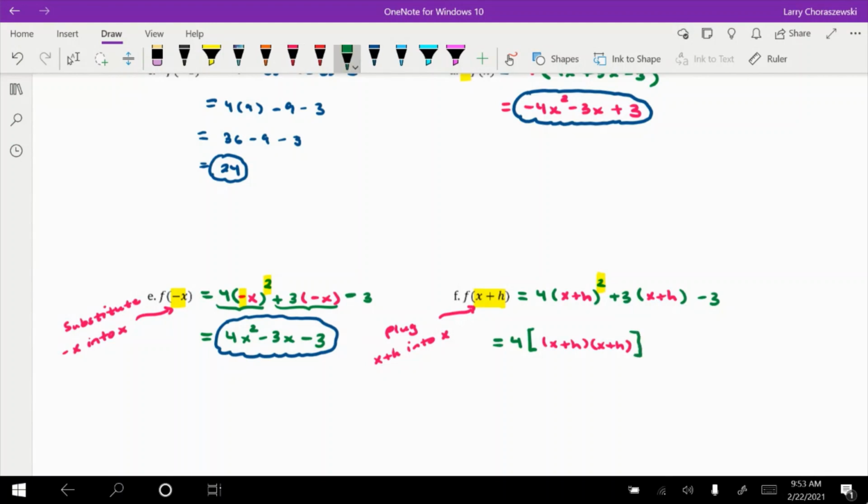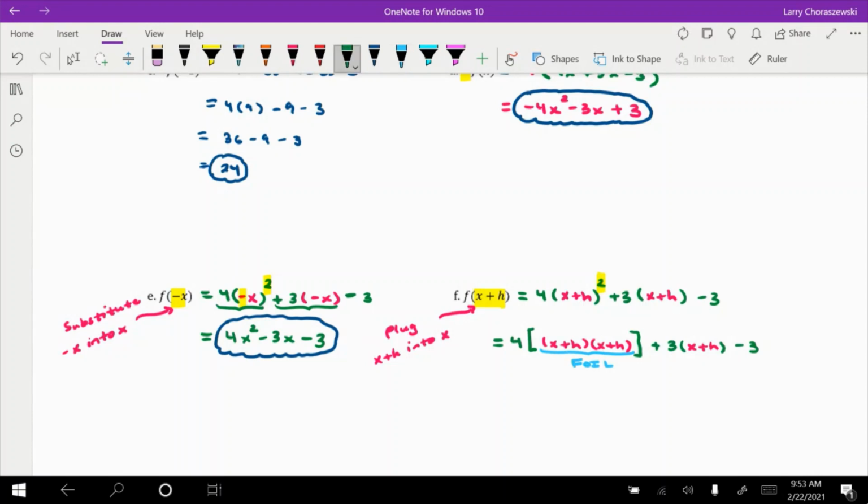I'll close off the brackets, plus 3 times quantity x plus h, minus 3. Now the reason why I wrote out 2 factors of x plus h is just to remind us that a power of 2 on an expression like this means that we're to FOIL.